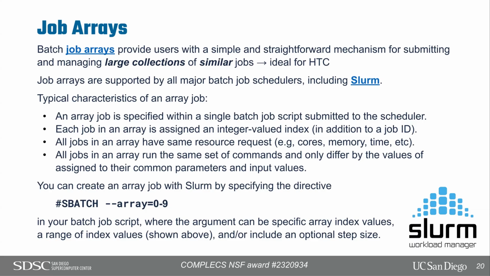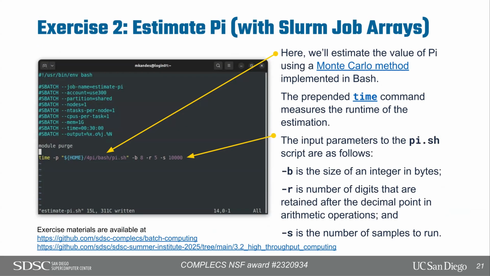Okay, so that's job arrays. It's really if you want to launch almost identical copies of the same job, with very little difference other than maybe inputs or slightly different conditional parameters on individual jobs.